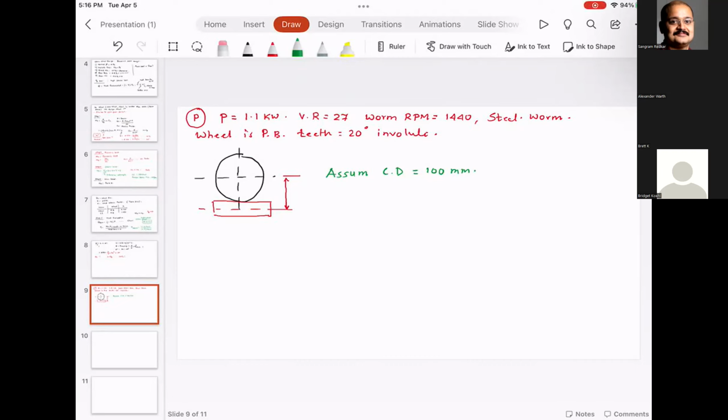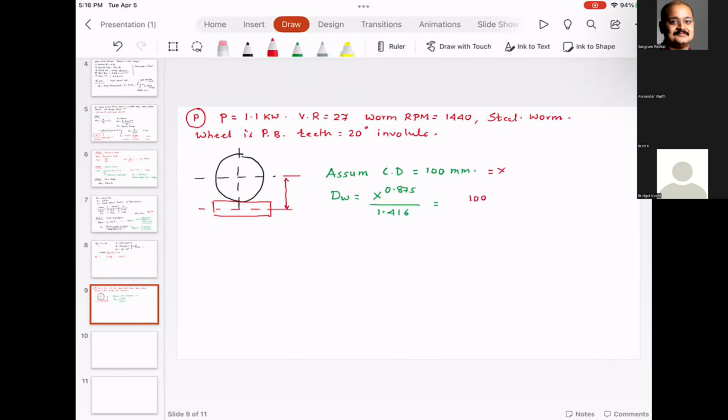Figure 31.7 gives you the design curve for wormwheel, and that is where you have this empirical relation that gives the diameter of the worm equal to x^0.875 divided by 1.416, where x is the center distance.